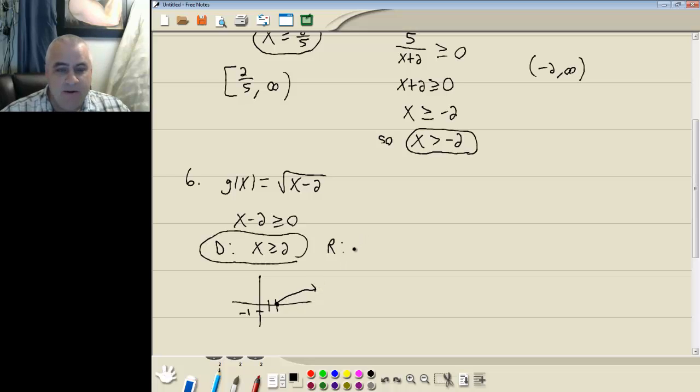So my range, I could say y is greater than or equal to 0. Now again, you do not have to write these in this form. Your range here, you could just put bracket 0, comma, infinity. Or your domain, you could put bracket 2, comma, infinity. Bracket because of the equal to part, the line underneath your inequality symbol.